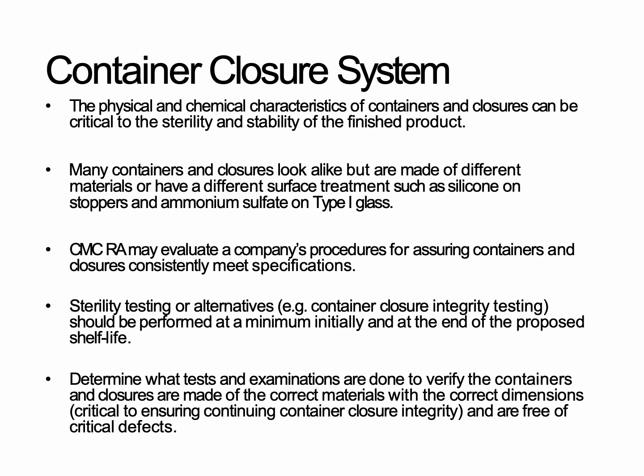Now, continuing with the container closure system, the physical and chemical characteristics of containers and closures can be critical to the sterility and stability of the finished product. Even though many of them may look similar, they can actually be made from different materials or have special surface treatments like silicone or stopper or ammonium sulfate or type 2 glass, for example.